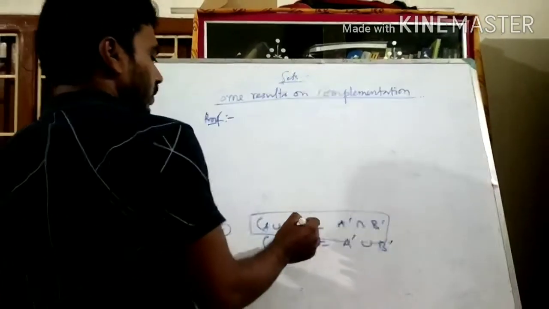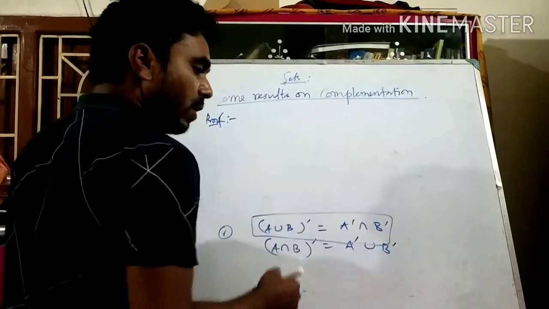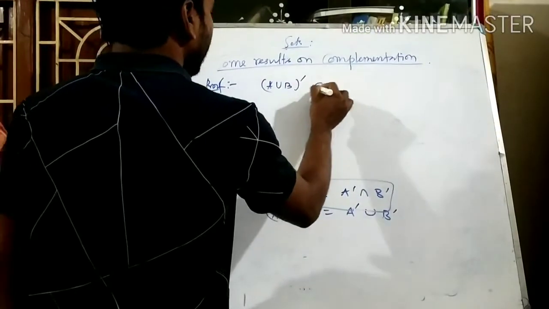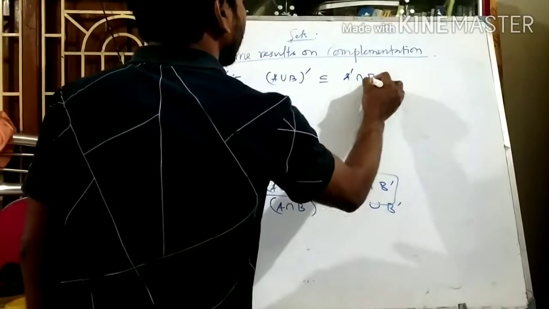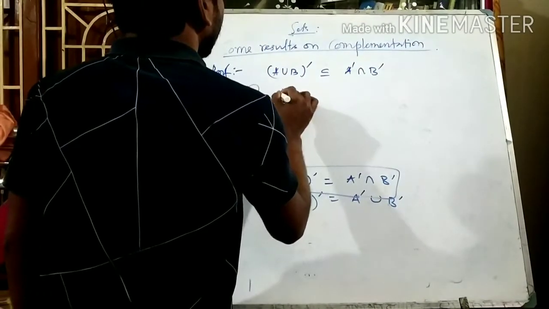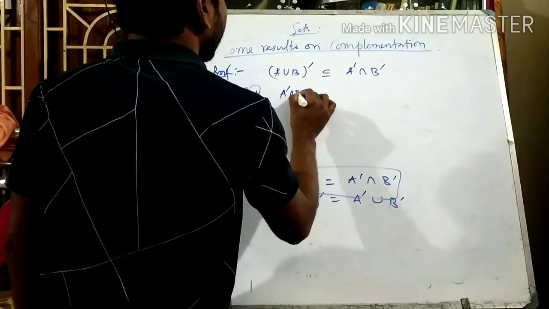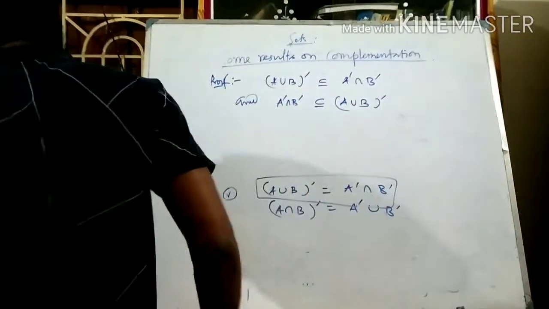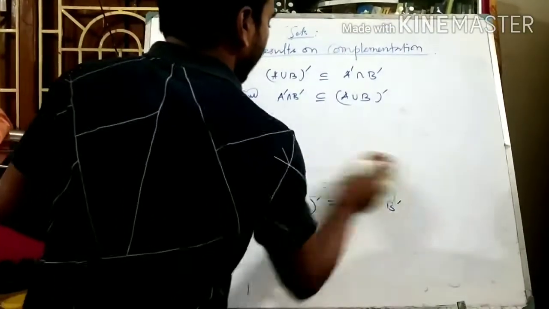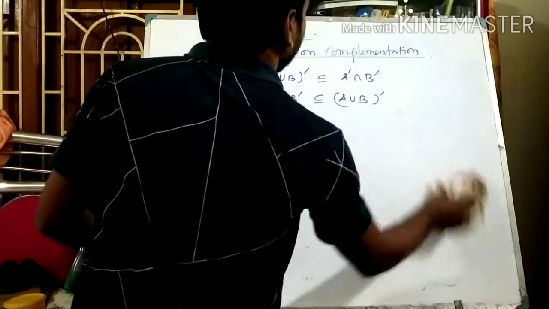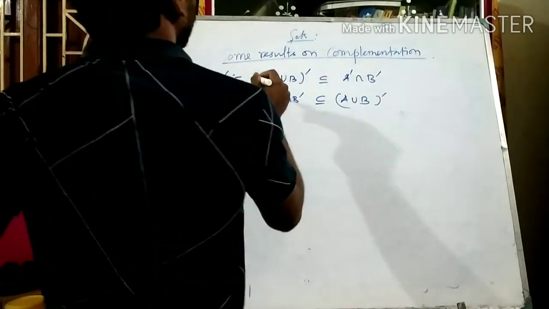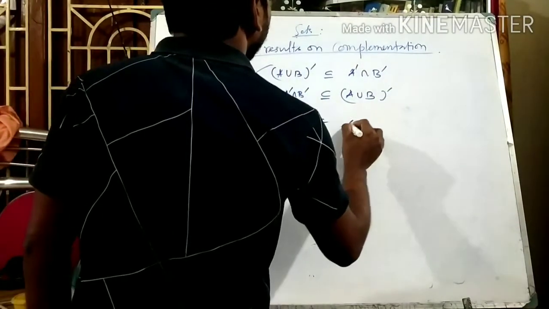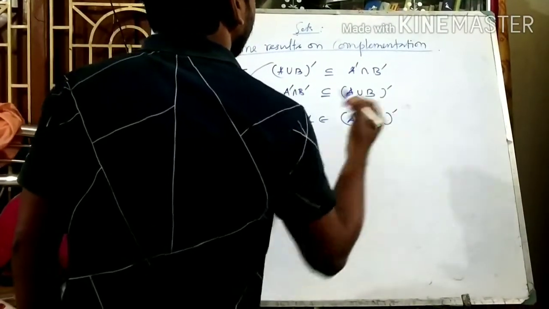So to prove these two sets are equal, we need to prove the following: A union B dash is a subset of A dash intersection B dash, and A dash intersection B dash is a subset of A union B dash. Now let us first prove this one. So suppose X belongs to A union B dash.